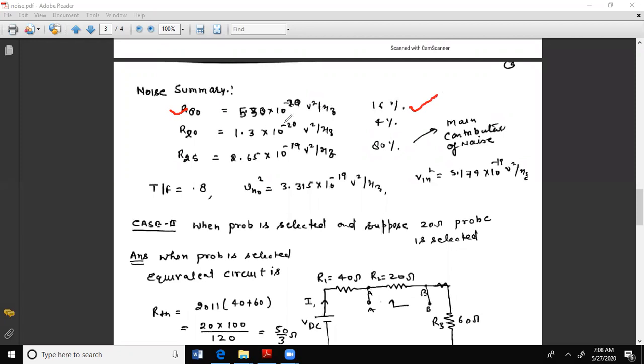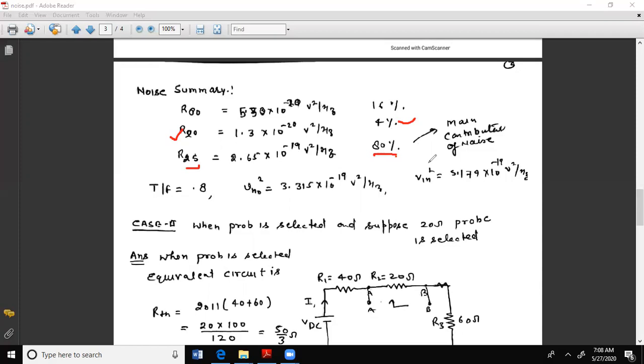And the noise due to the 20 ohm resistance is equivalent to 4% of the total noise, while the noise due to the 25 ohm resistance is equivalent to 80%. So this 25 ohm resistance is the main source of the noise.